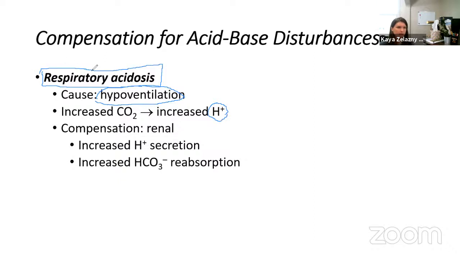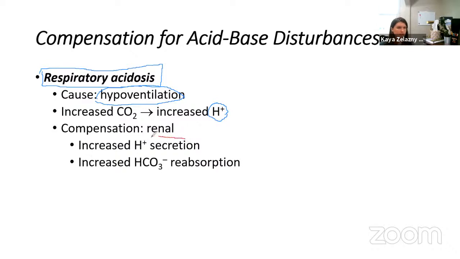Now, if we are in respiratory acidosis, that means the problem is our lungs. So we can't adjust the carbon dioxide content of the plasma using the lungs because that's where the problem is, right? So we are going to compensate using our other system. So we're going to do renal compensation. So we'll do the things we just talked about, right?